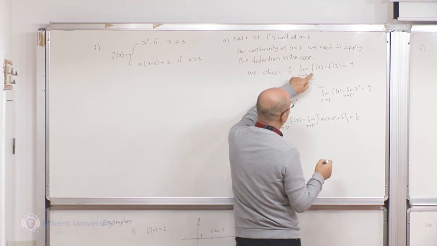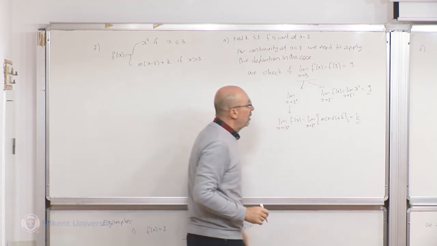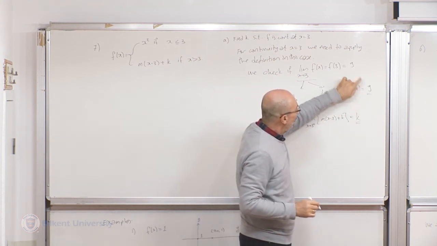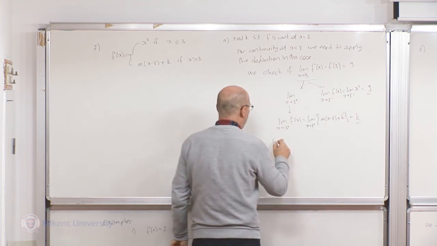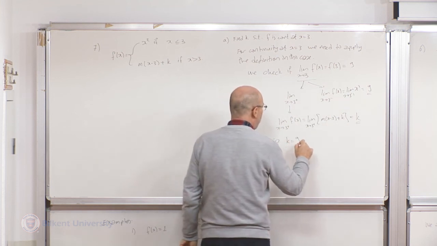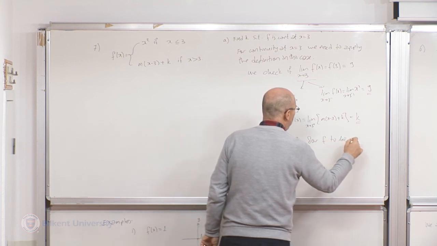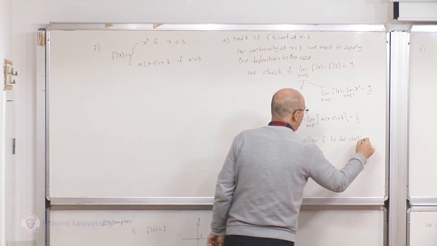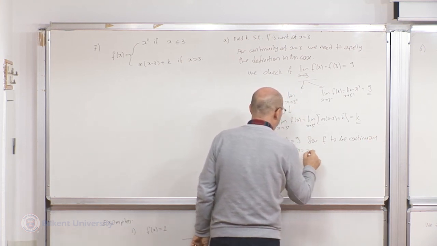For the limit to exist, first of all, this must be equal to this. And if they are equal, that's going to be equal to this number, so we are done. So k is 9 for f to be continuous at x equals 3.